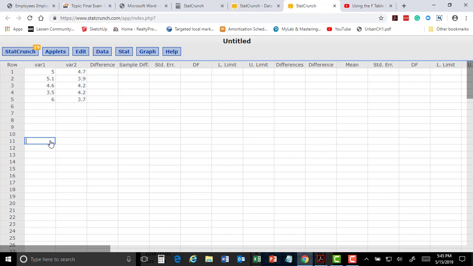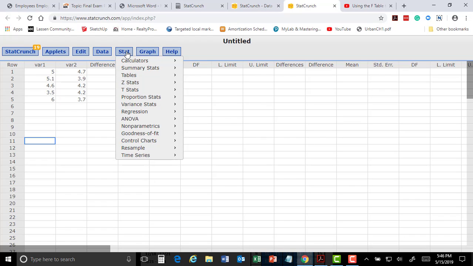All right, so let's get rid of this. Now, if we go to stats, what are we looking for? This is a difference. We were looking at the difference of two samples that are dependent, correct? So we go to stats. Now I'm looking at mu, right? Let's say, if it said it was normally distributed, we'll try it.